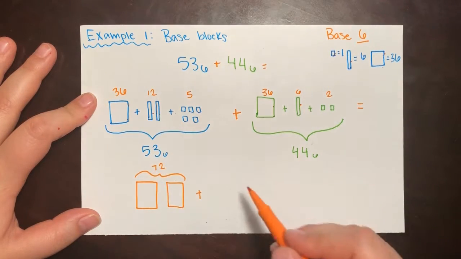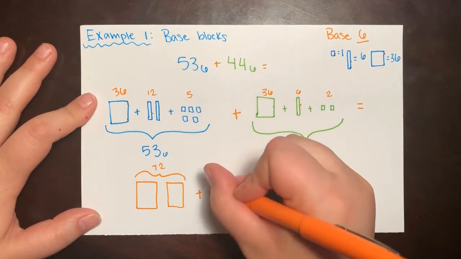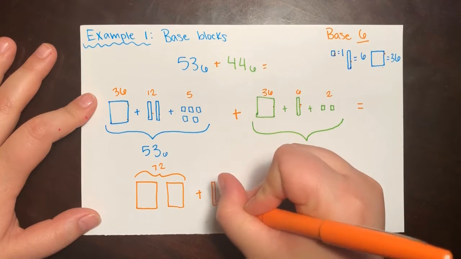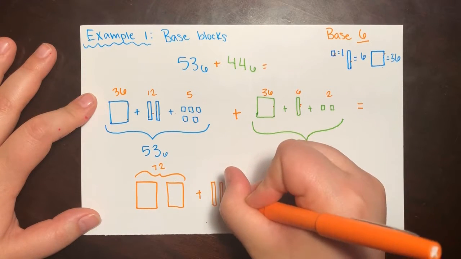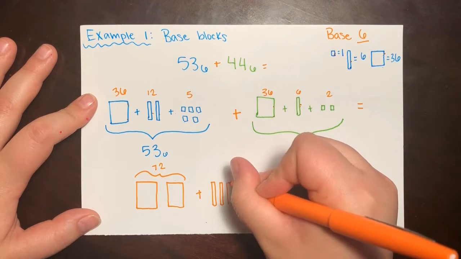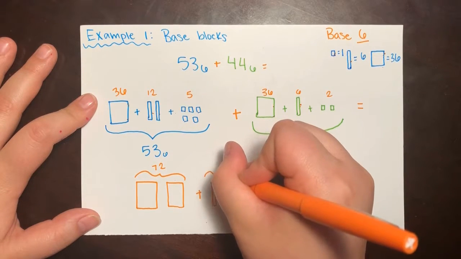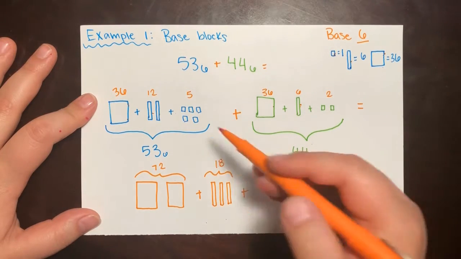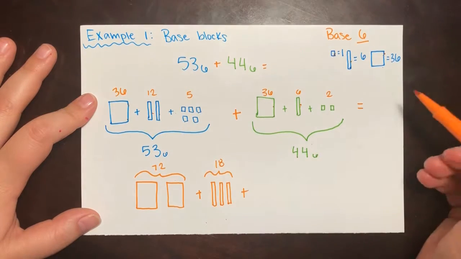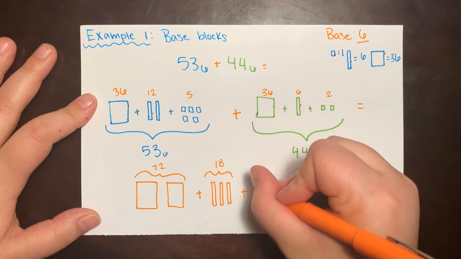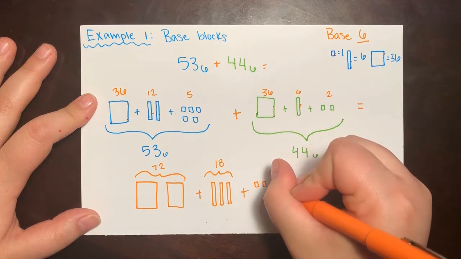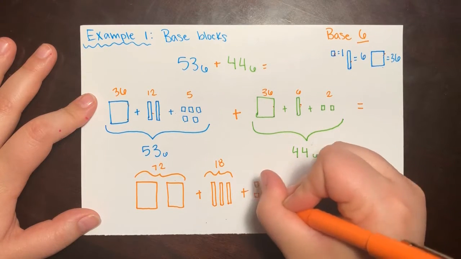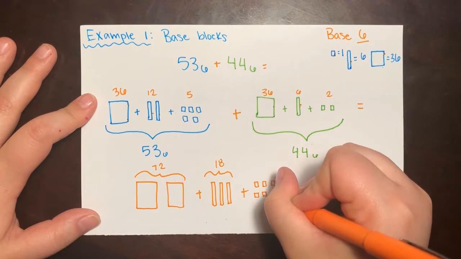Plus 1, 2, 3 rods, and that's going to give us 18. Plus 1, 2, 3, 4, 5, 6, 7 units, which is obviously going to give us just 7.